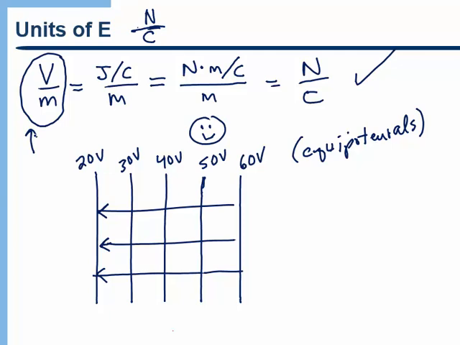What electric field is all about is simply how the electric potential is changing per distance, voltage per meter. So if I told you that these lines were separated by a distance of 1 meter each, then you would notice that the electric field is changing by 10 volts per meter. So the electric field in that region of space would be 10 volts per meter to the left.